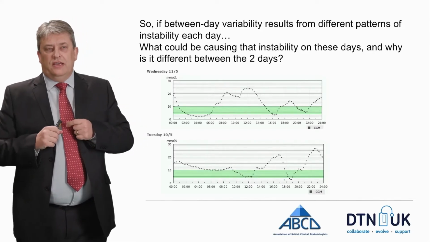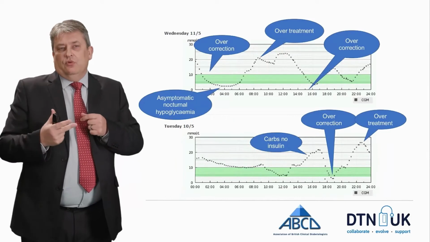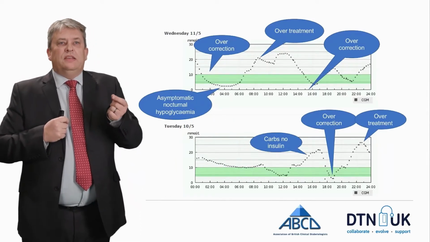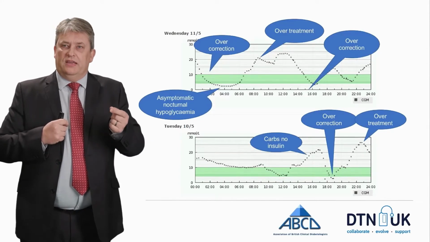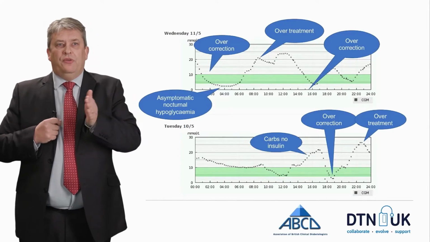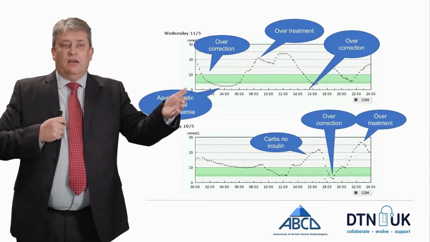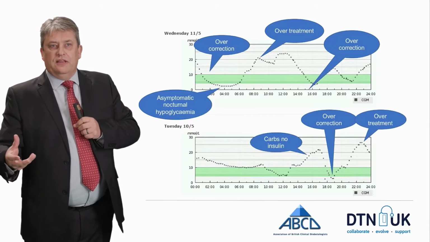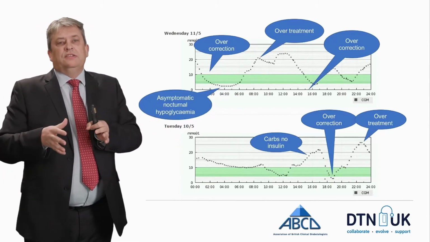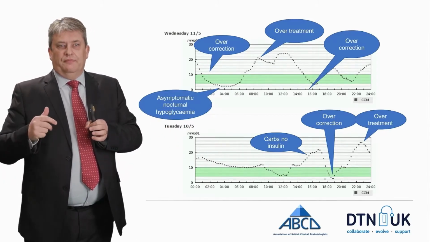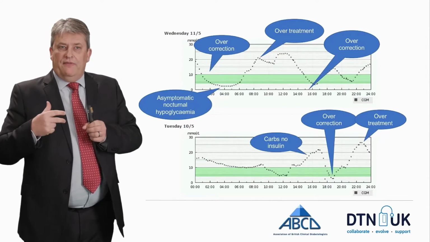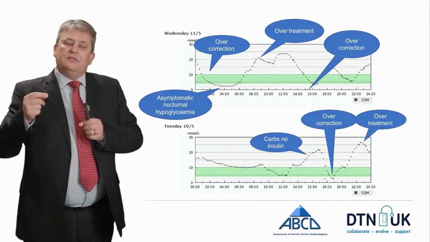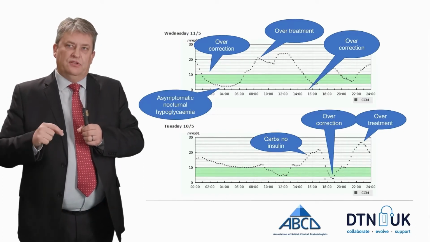When we look at the 2 days in more detail, and you'll see these in more detail in one of the other modules in this series, we can see that it's the same sort of decision making that is available on both days. Overcorrecting high glucose levels, over-treating low glucose levels, meals without insulin, etc., etc. The key, however, is that the reason the pattern is different on the 2 days is that those things are happening at different times on the 2 days.